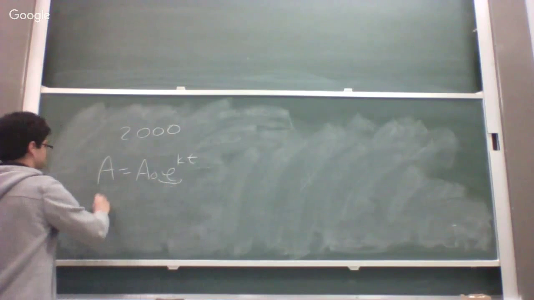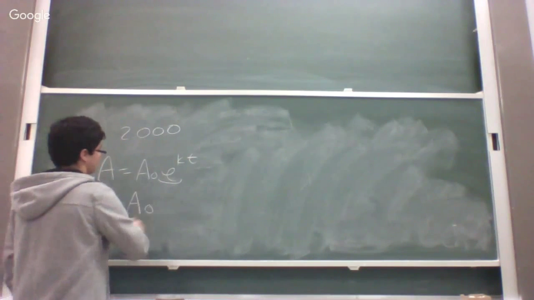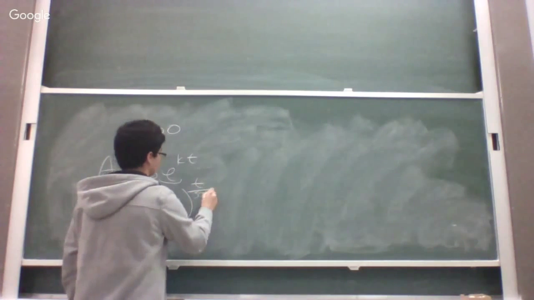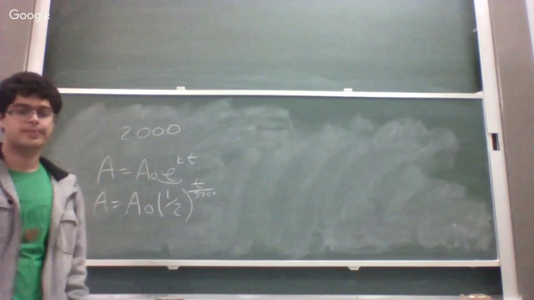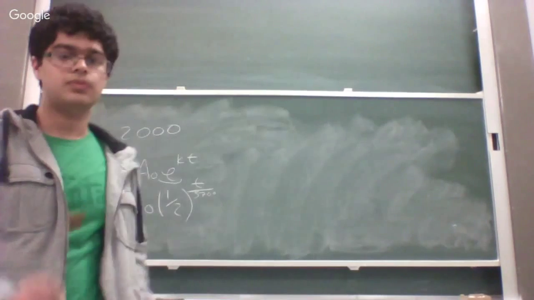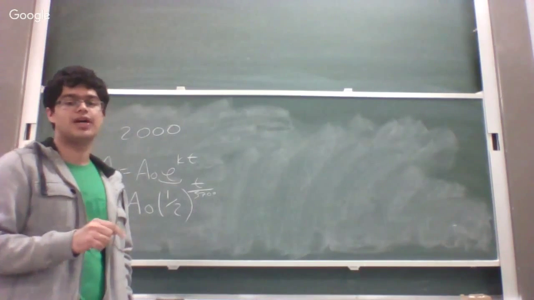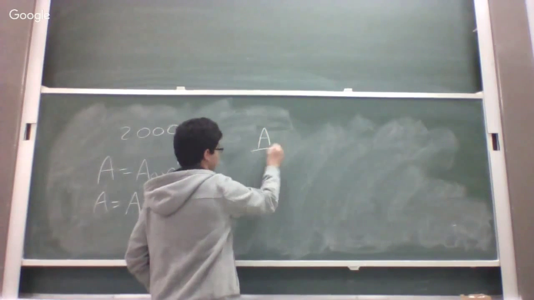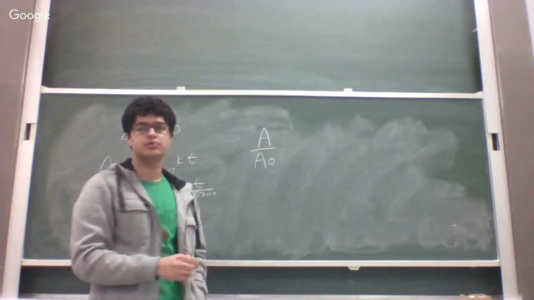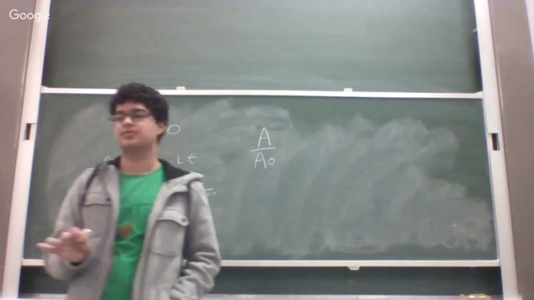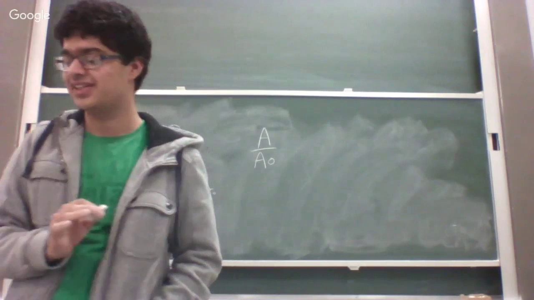We found what that was. So A is equal to A0 times 1/2 to the t over 5700. They want the fraction which has not disintegrated, okay? That would be the amount left divided by A0. That's the fraction that is left.